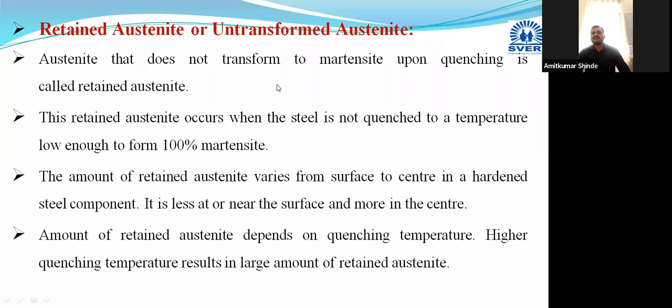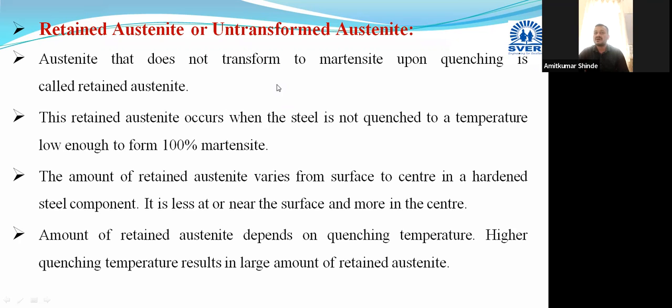As in the previous heat treatment processes, we have discussed that first we are doing the heating cycle, then we are providing the holding time, and there we are getting homogeneous austenite. And by using the different quenching mediums, we are transforming that austenite to the martensite, bainite, or pearlite.